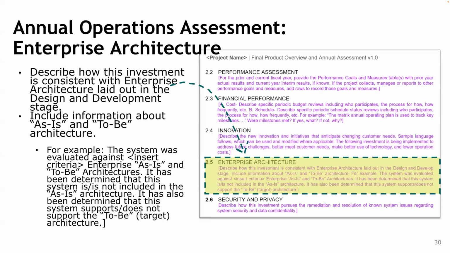Okay, and then the overall enterprise architecture. Quite an important one as companies grow, or if you're in especially regulated areas, is you'll have a much broader enterprise architecture. You need to be describing how your current investment aligns with that architecture.